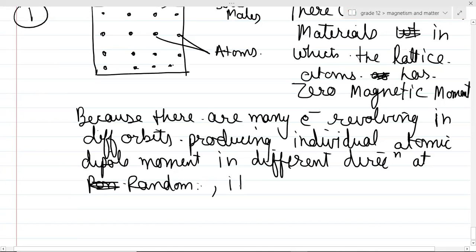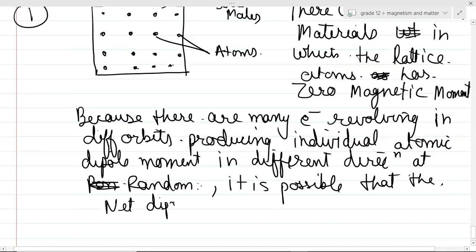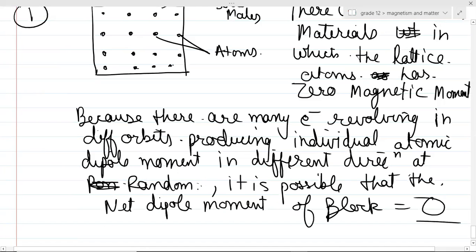So it is possible that all atoms, or is it possible that the net dipole moment of the material, can I consider this?